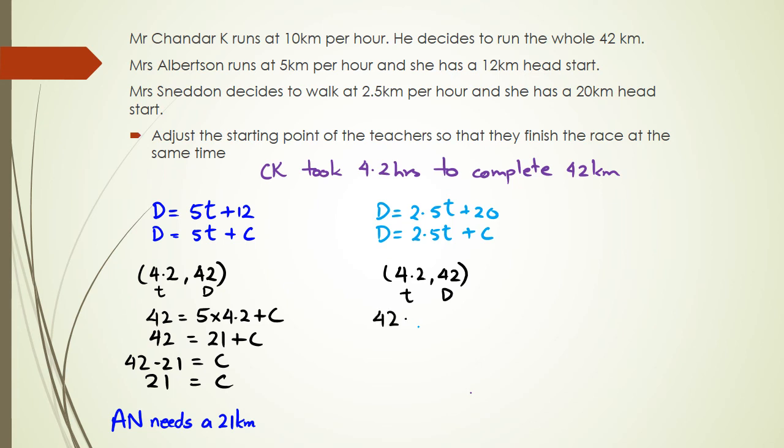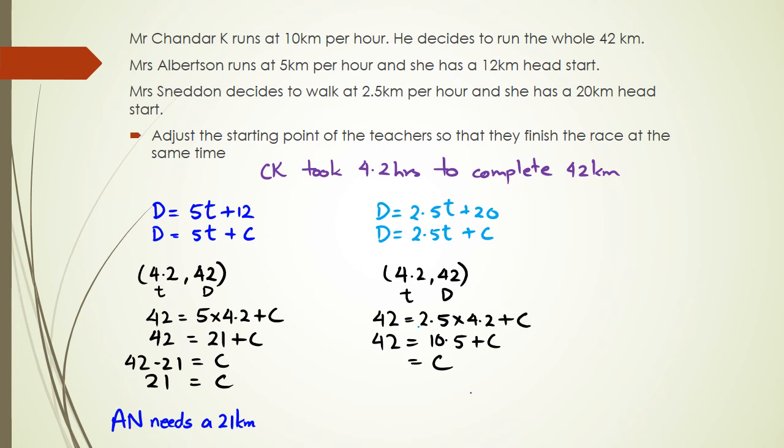So we got 42 equals 2.5 times 4.2 plus the new starting point. So 2.5 times 4.2, we've got 10.5 plus c, which means c should equal 31.5 kilometers.